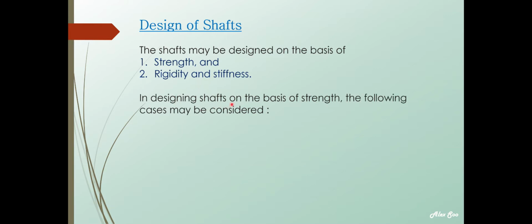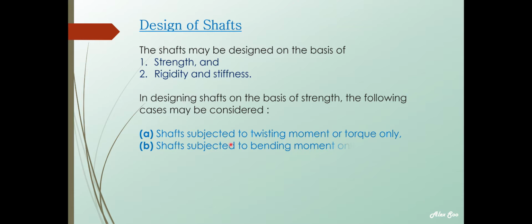So in designing of shaft on the basis of strength, the following cases may be considered. So first, the shaft subjected to twisting moment or torque only. Second, shaft subjected to bending moment only. Okay, so I hope you remember what it means by twisting moment and the difference between the twisting moment and the bending moment.